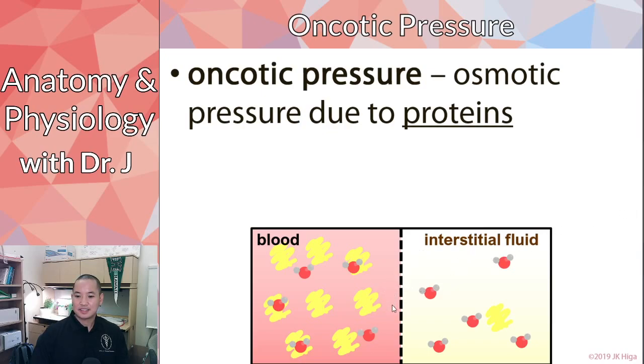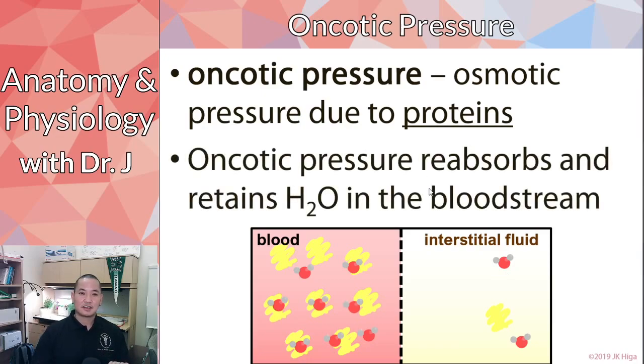Yep, it'll be attracted to the side with more protein, and that's what we have here. With more protein in the blood, the water gets attracted to all that protein. So this is why you have oncotic pressure, and it's contributing to BCOP. This is one of the major forces behind that BCOP pressure.